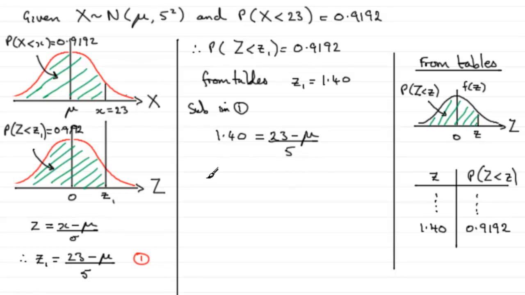And if we multiply both sides by 5 and then rearrange this for mu, you'll find that you get mu equals 23 minus 5 multiplied by 1.40. And that comes out at 16 exactly. So there you go. Mu is equal to 16.